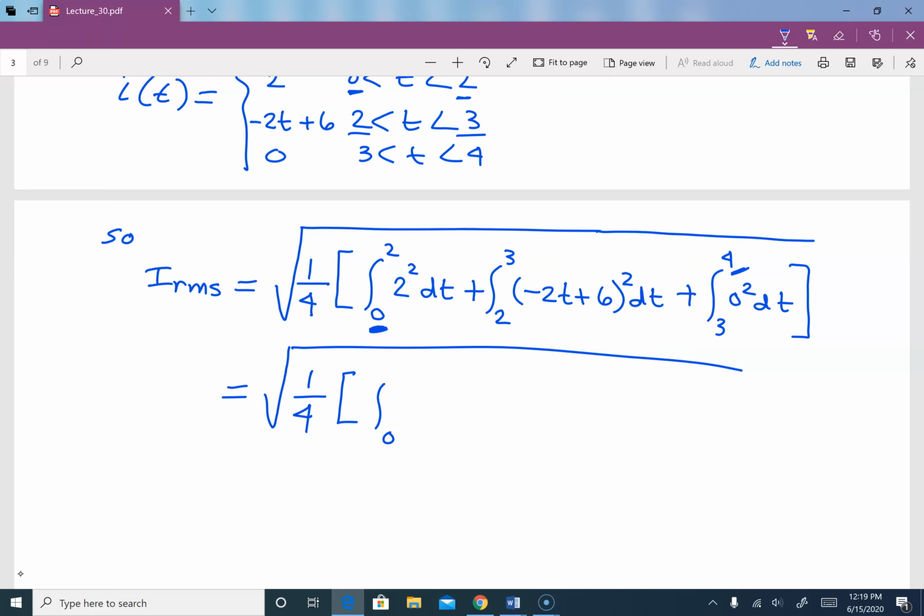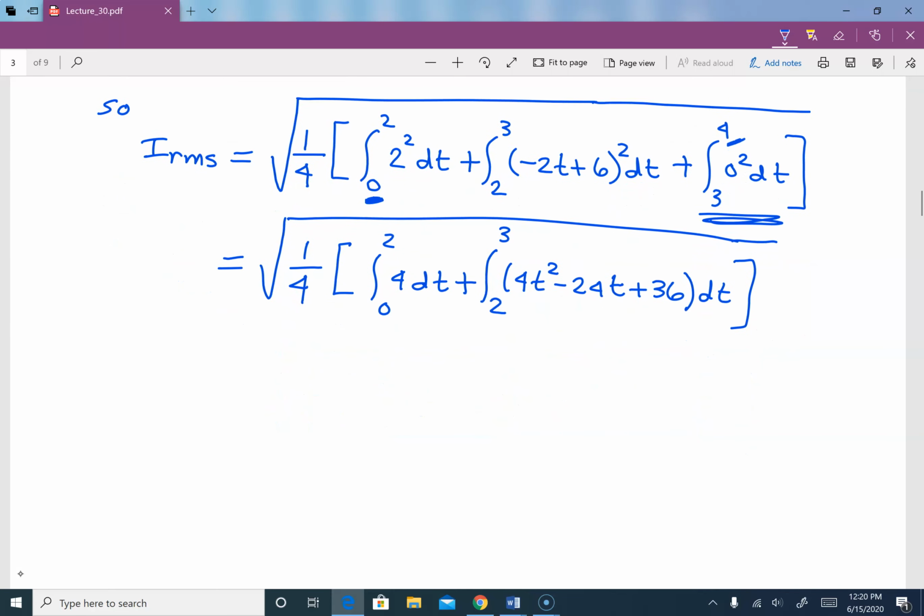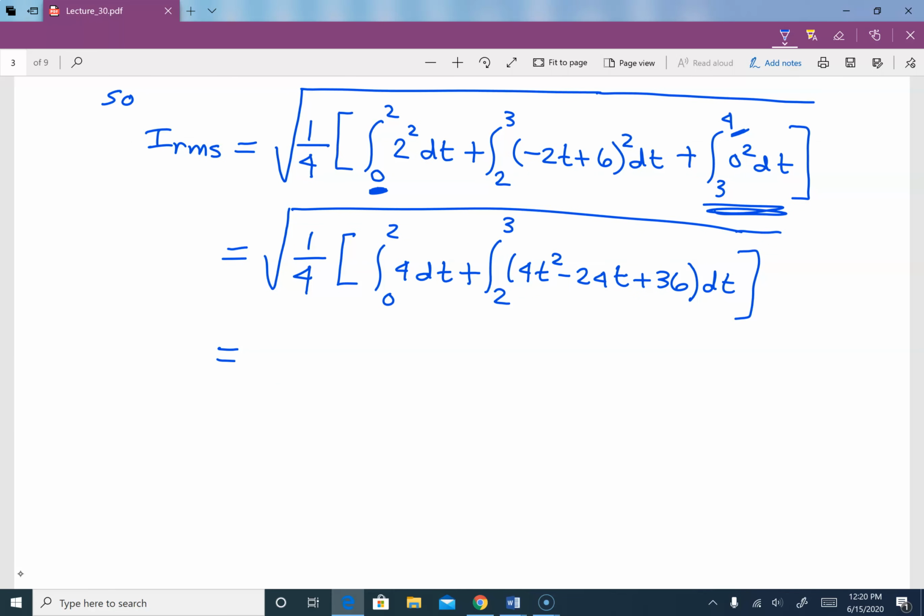So we can say from 0 to 2 of 4 dt plus 2 to 3 of 4t squared minus 24t plus 36 dt. And of course this term, since it is 0, we don't care about it. So that is equal to.